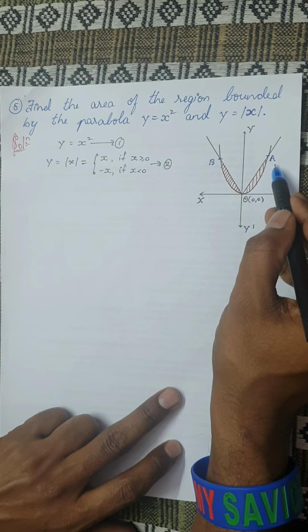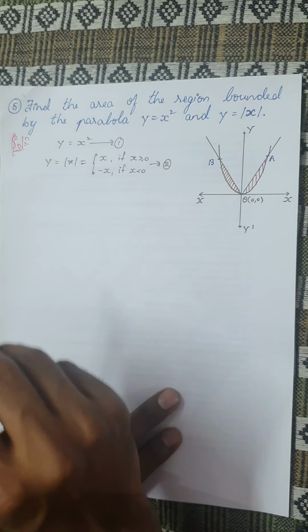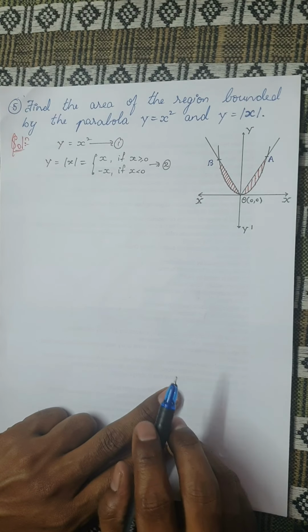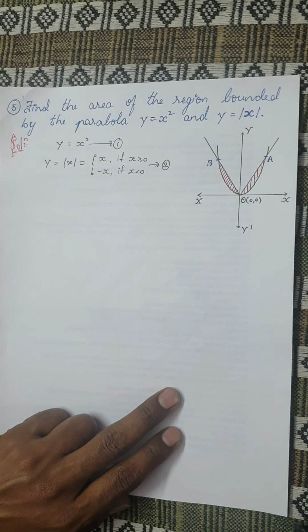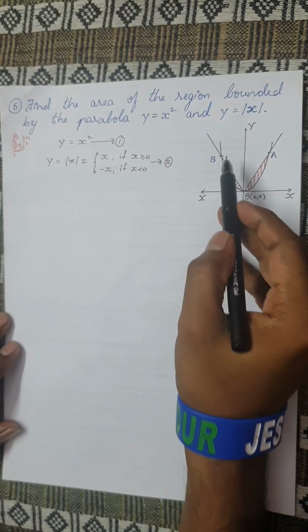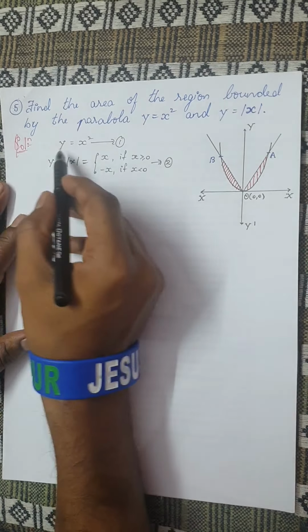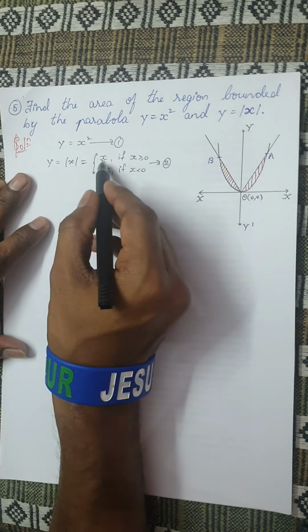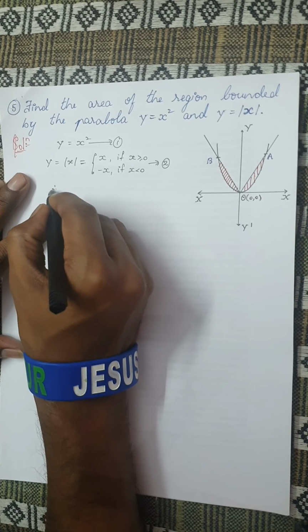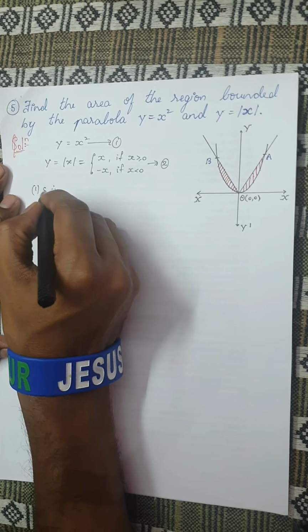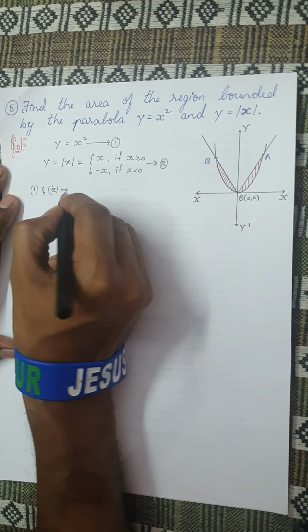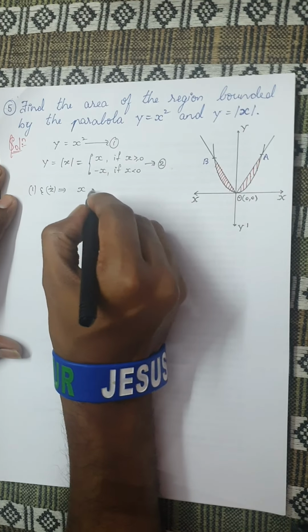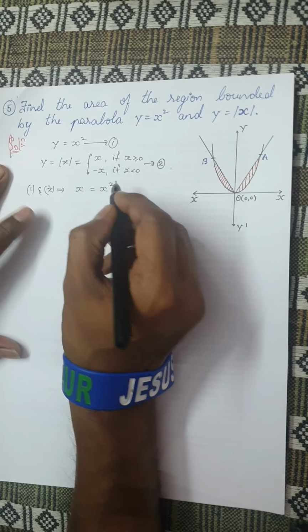I actually have to find out what the points A and B are using the curves. First let me find this point of contact. I have y is equal to x square. In the first case, I'll take y is equal to x. Therefore, from 1 and 2, x is equal to x square.